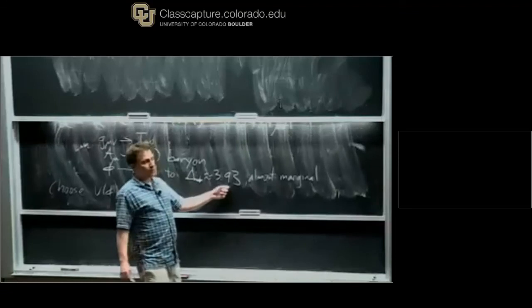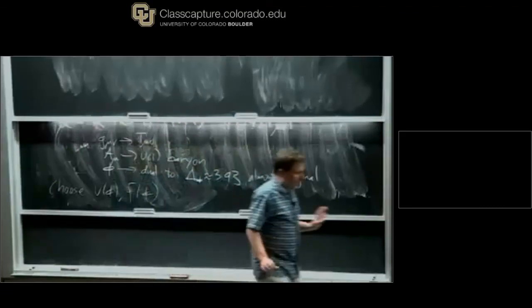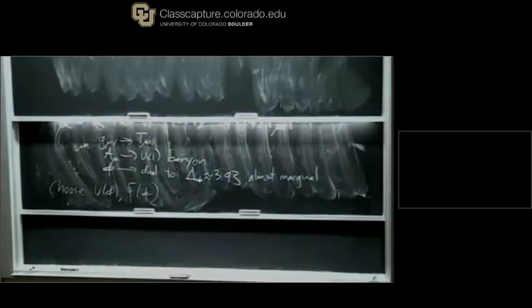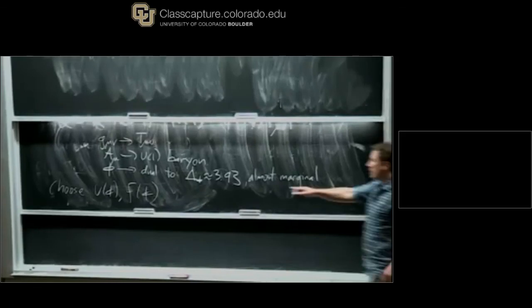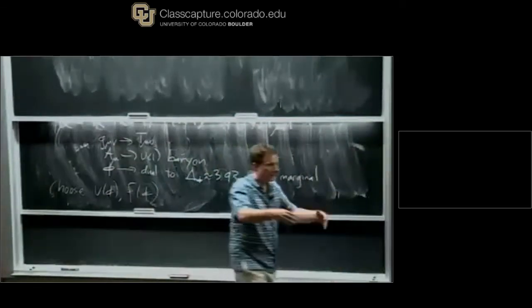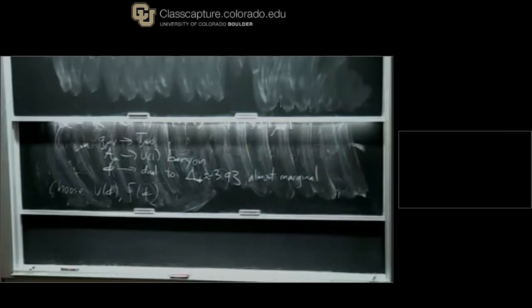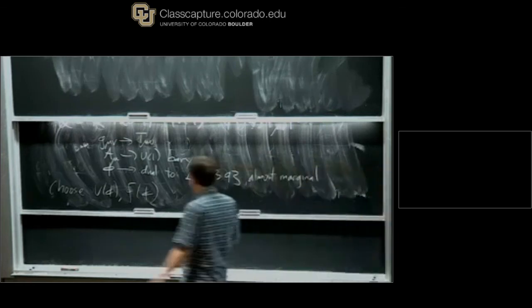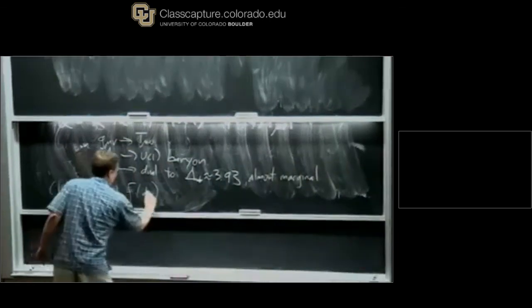Oh, 3.93 as opposed to 3.92? Yeah, it actually comes from the particular potential that I chose, expanded to quadratic order. I want something that's almost marginal, but the exact number is not very important. This whole thing will turn out to be sort of more a statement that something can happen rather than every number is right to the second significant digit.